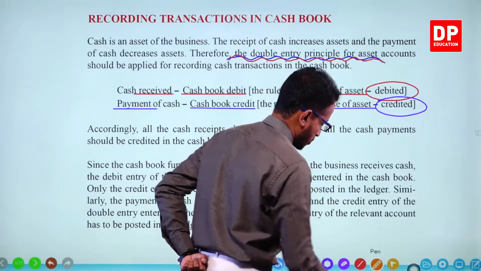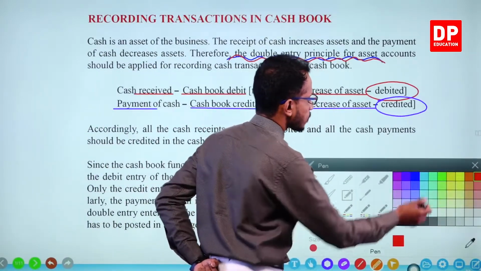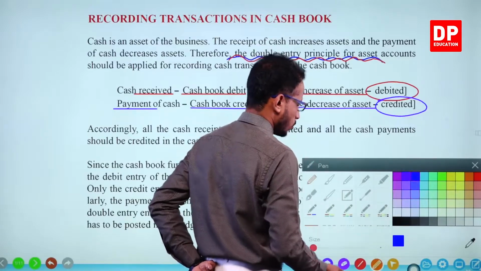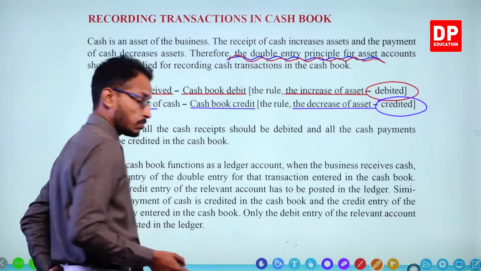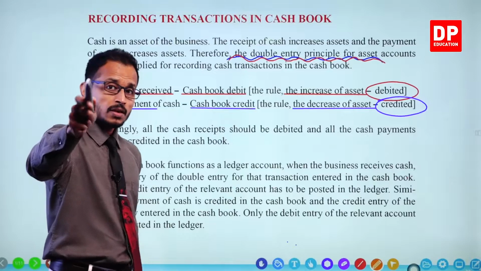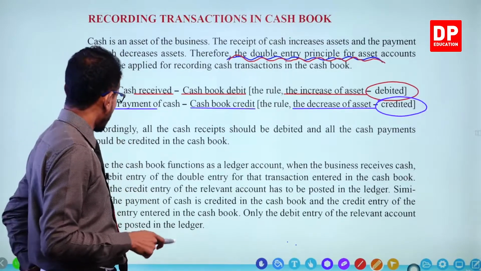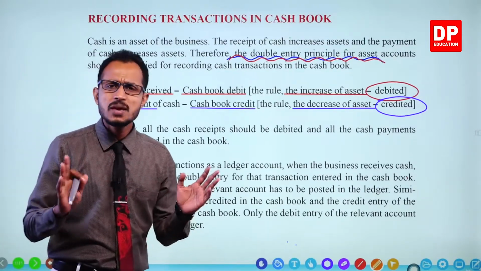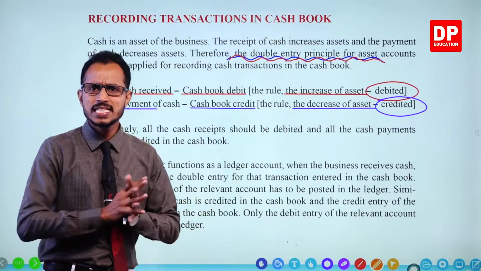I'll ask you a question. I would like to know from you, children, why are we talking about debits and credits in the cash book?